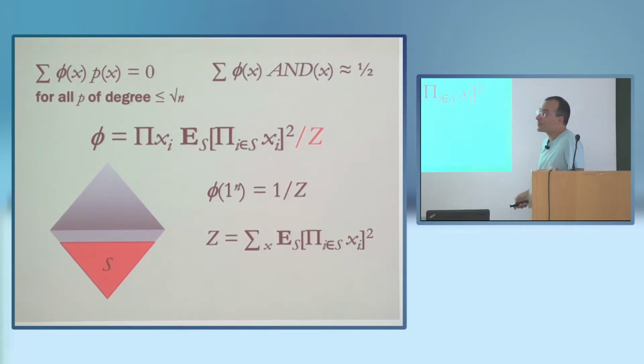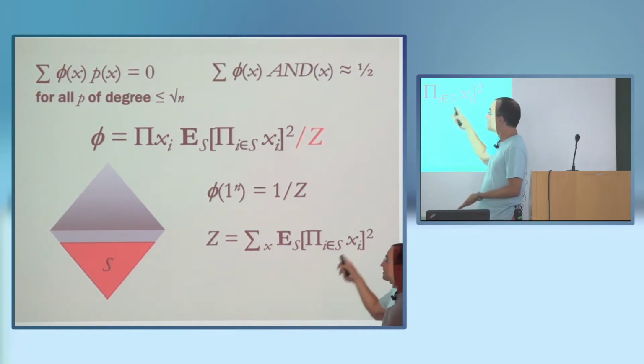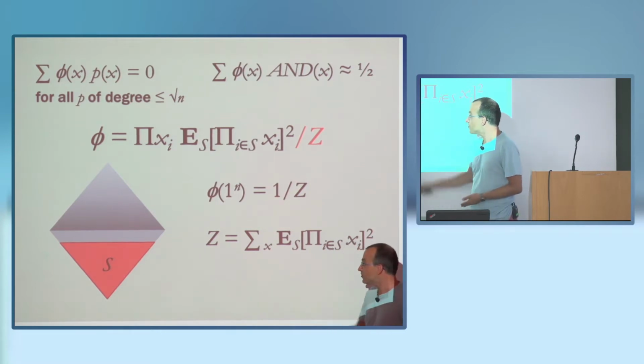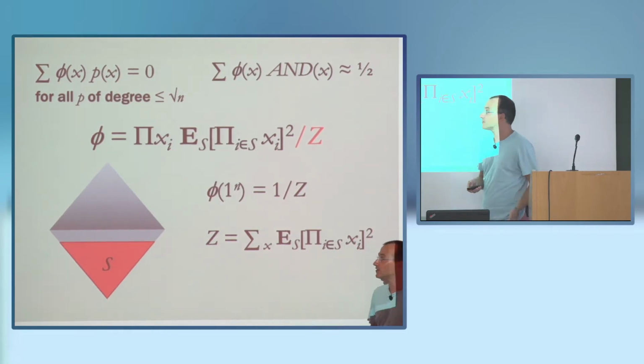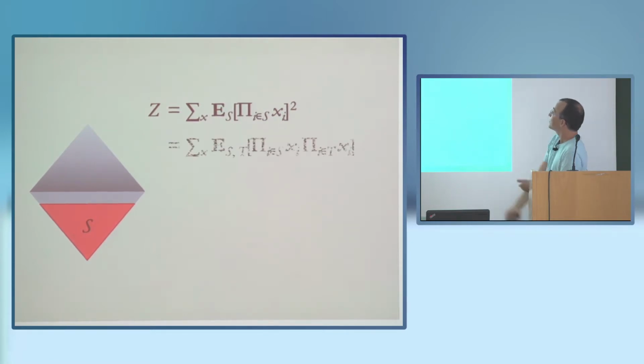Okay? So you have to evaluate this expression. What is this expression? I'm taking the average of a parity over subsets of the cube, and then I'm summing these weights over the whole cube. So when you see an expression like this, there is only one thing you can do. I mean, sometimes it doesn't work, but when it works, it works miraculously. And the trick is that you rewrite the square of an expectation as a product of expectations over independent sets.